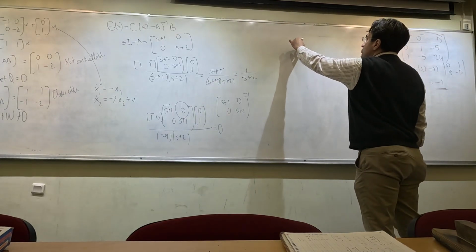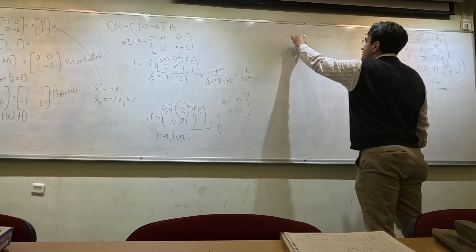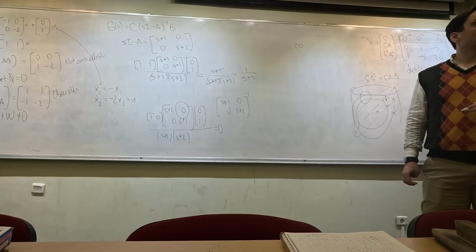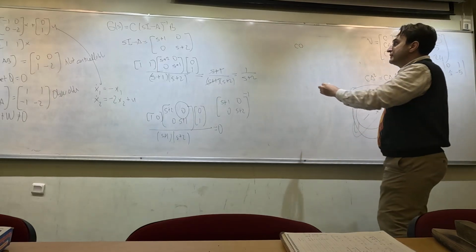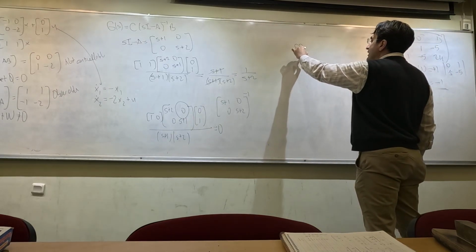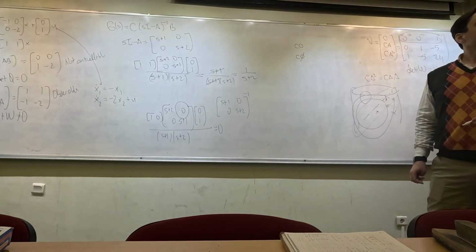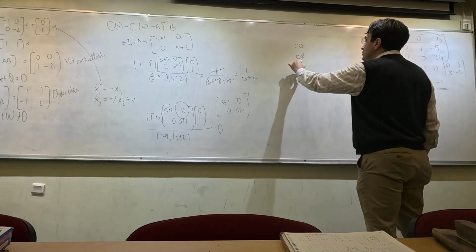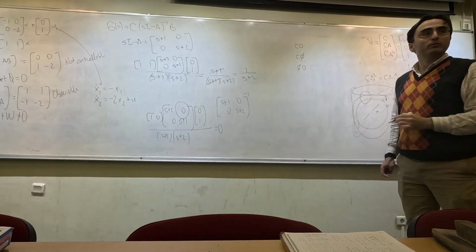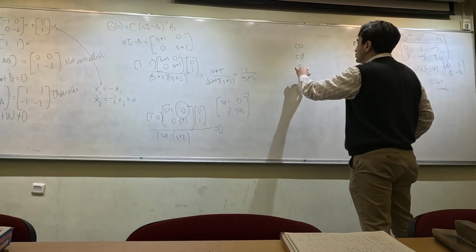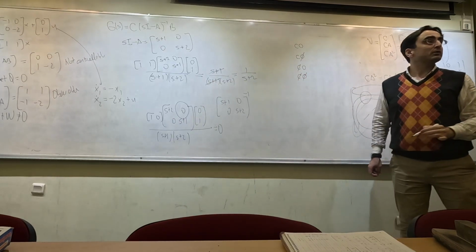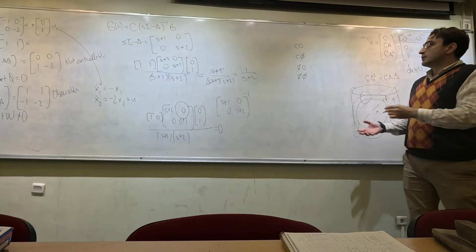There can be controllable and observable parts, controllable but non-observable parts, uncontrollable but observable parts, and uncontrollable and unobservable parts.